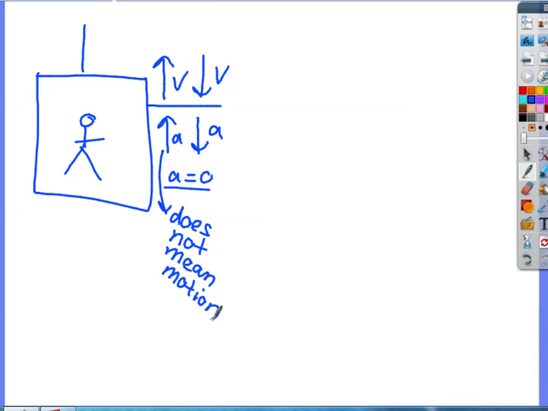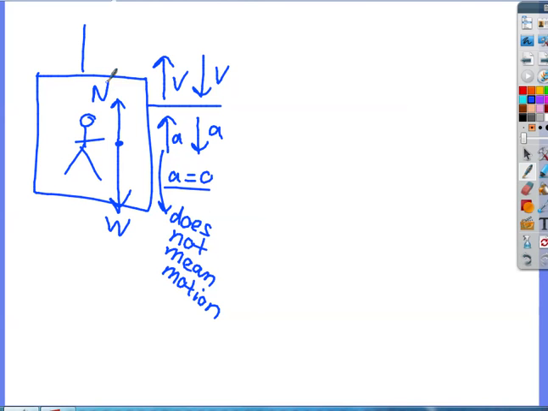All right? So, if this is the situation we're looking at, let's think about the free body diagram that you're going to have. Weight down, normal up. Pretty simple free body diagram. No applied, no left and right forces.